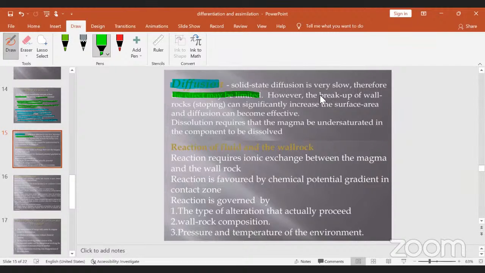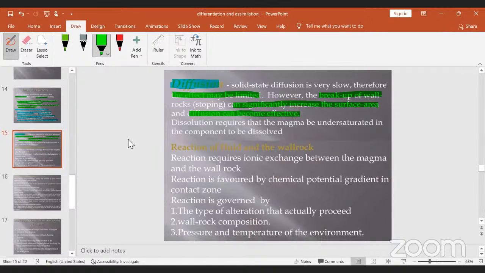However, the breakup of wall rocks can significantly increase the surface area, and diffusion can become effective. And this dissolution requires that the magma be undersaturated in the component to be dissolved, right?